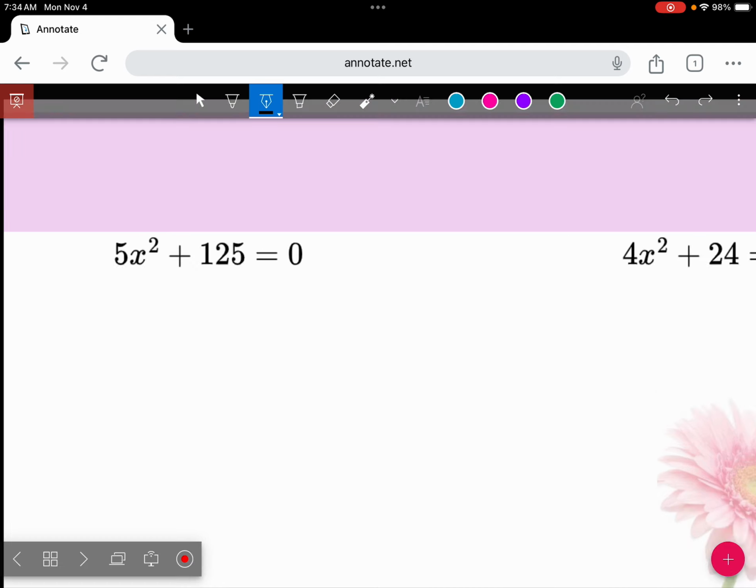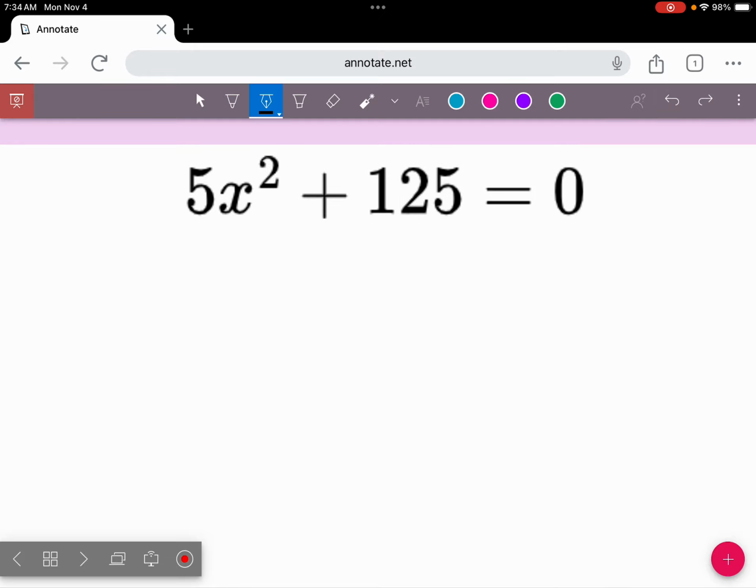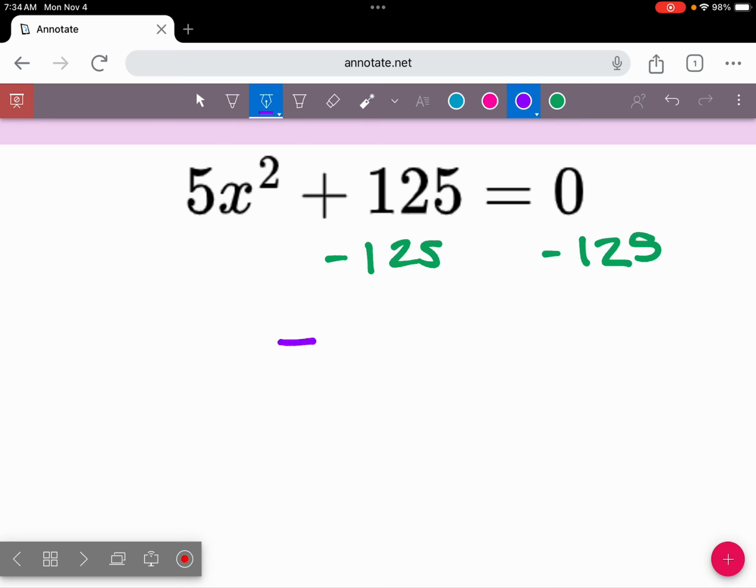Because what should we do first on this first one? Subtract 125 from both sides. So we're going to have our 5x squared equals negative 125.